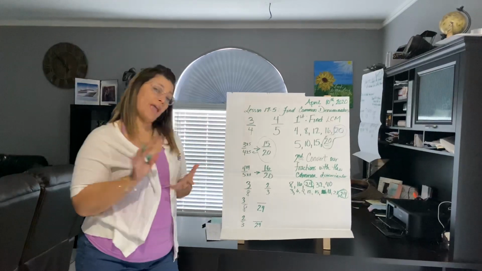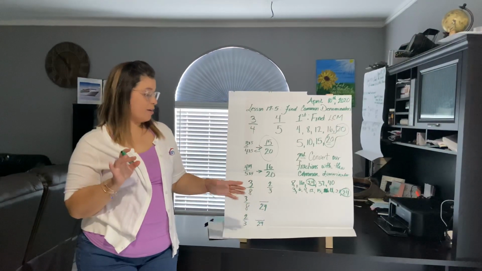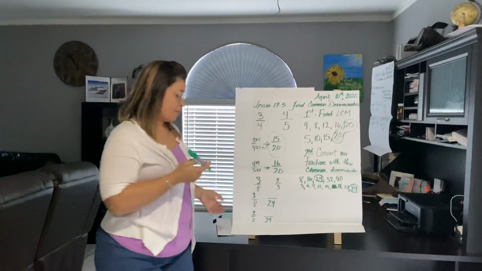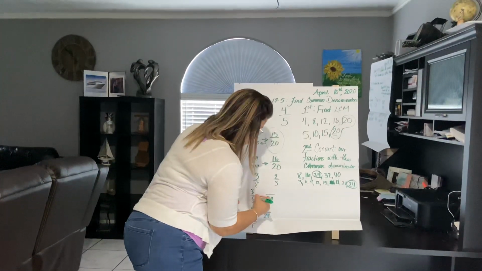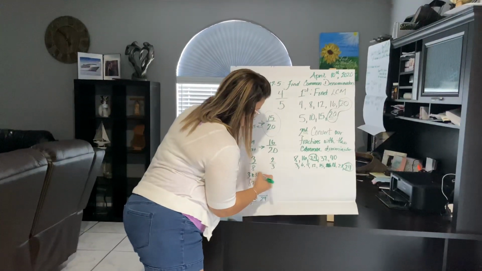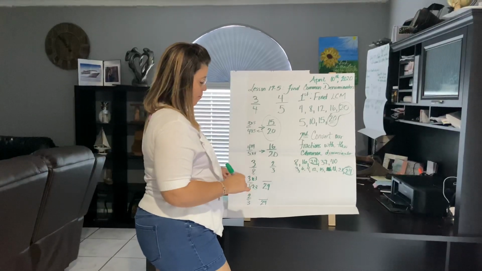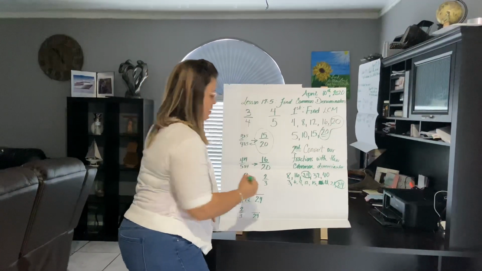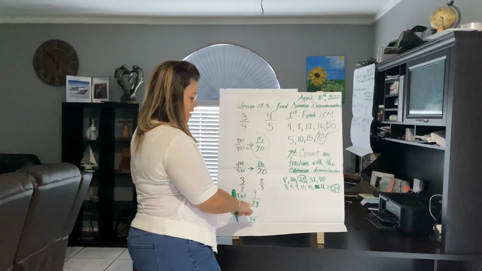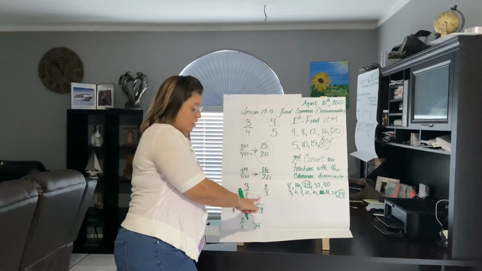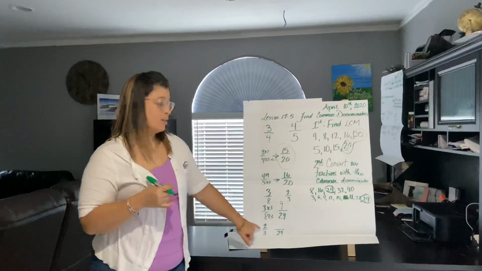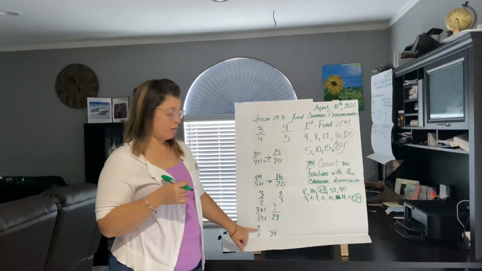What times 8 equals 24? So I have to multiply by what number? 3. So we're multiplying by 3. And I'm also doing the same thing with my numerator. 3 times 3 is 9. So that means that 3/8 is equivalent to 9 over 24.